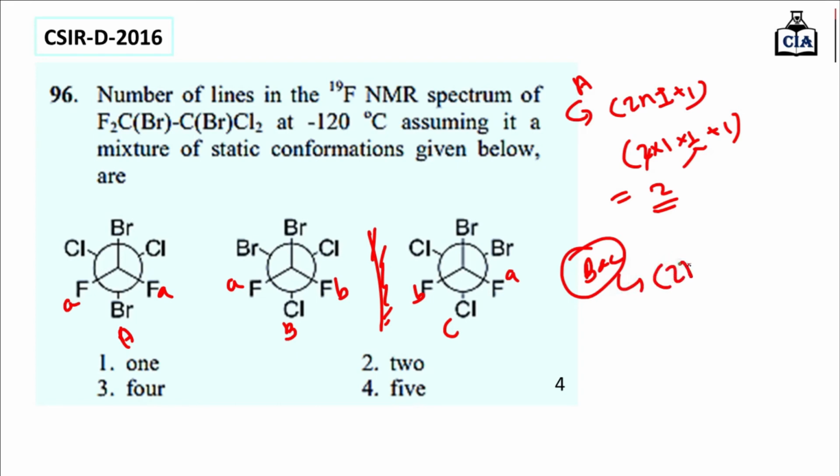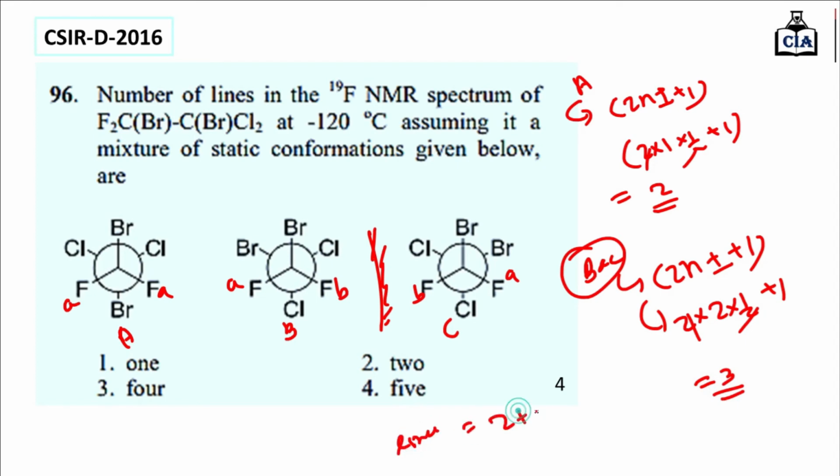So 2nI plus 1 equal to 2 into total types of fluorine, 2, I value 1 half, plus 1. The 2 gets cancelled, 2 plus 1 equal to 3. So the total number of lines observed equal to 2 plus 3 equal to 5 lines. So the correct answer will be the 4.